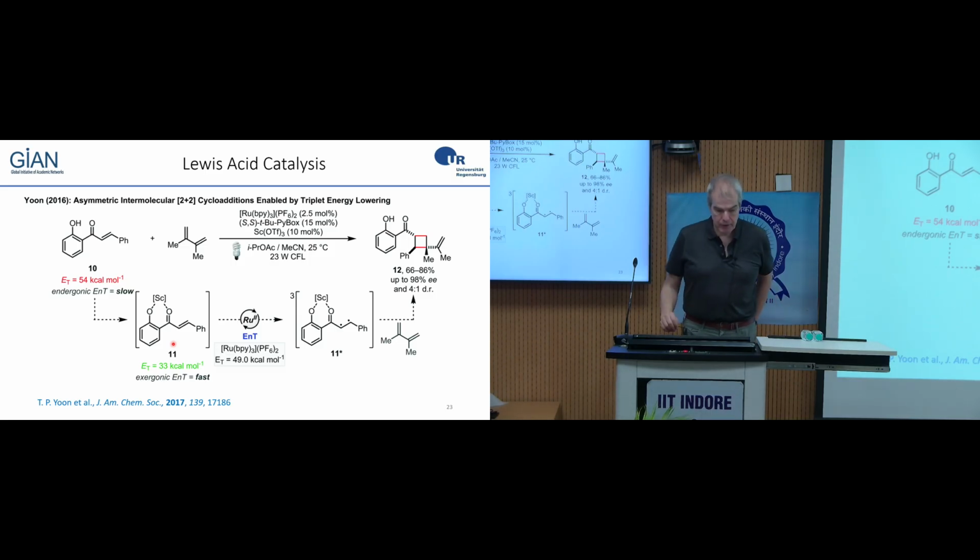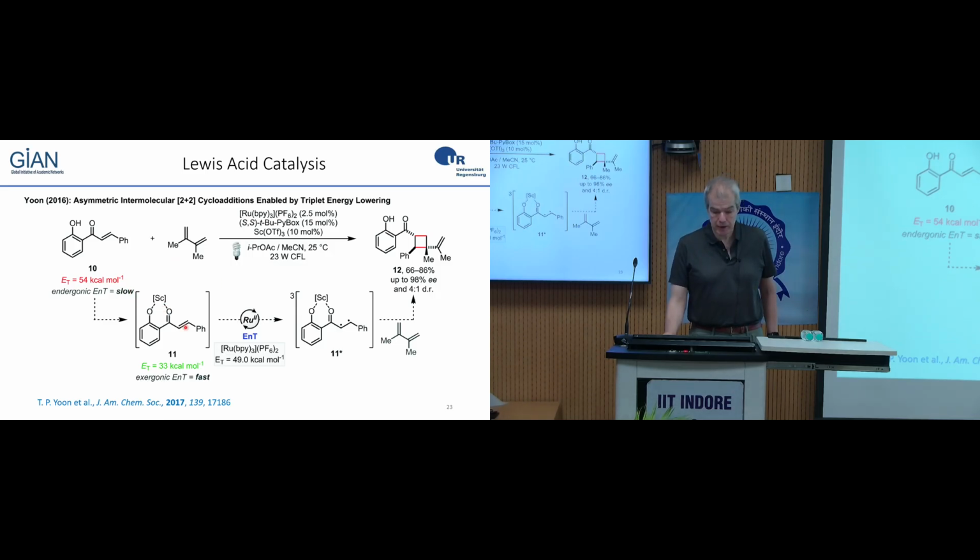But the other important realization is that in this scenario, because you're choosing a photocatalyst where the triplet energy is not sufficient to overbridge these 54 kcal per mole, what is important to understand is that this molecule alone, without being coordinated to the Lewis acid, will not react. Right?